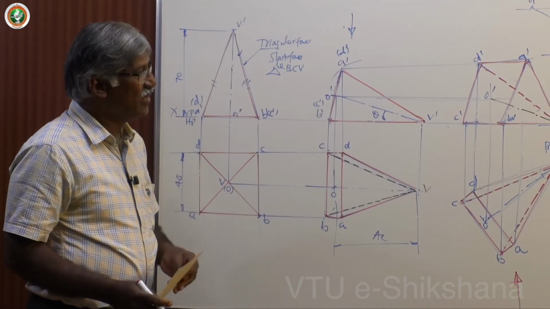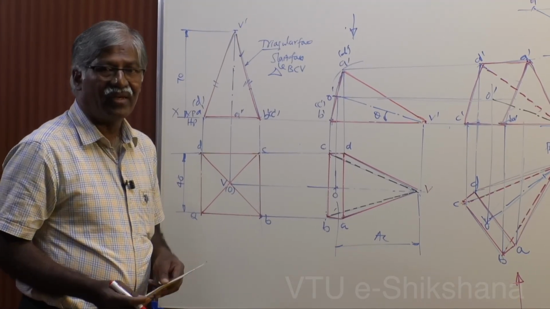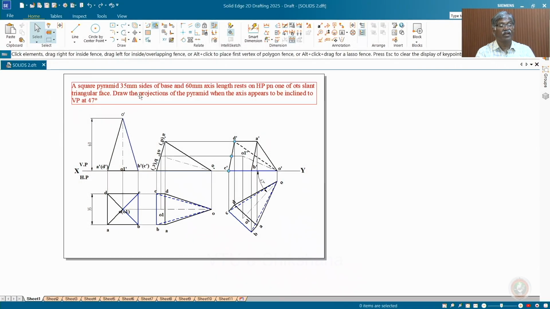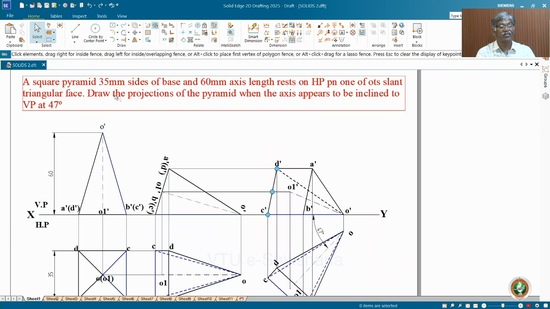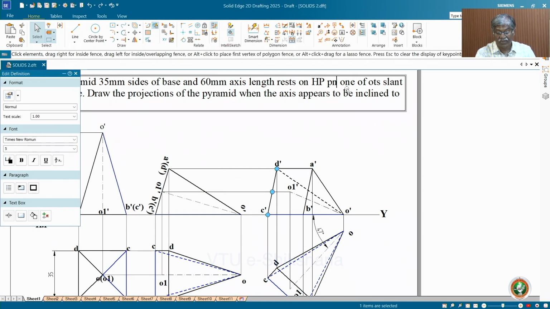Now, we will discuss the same on the computer software. So, here a problem on square pyramid is taken with 35 mm sides and height 60 mm or axis length 60 mm, rests on HP with one of its slant triangular face, or one of its slant edges.